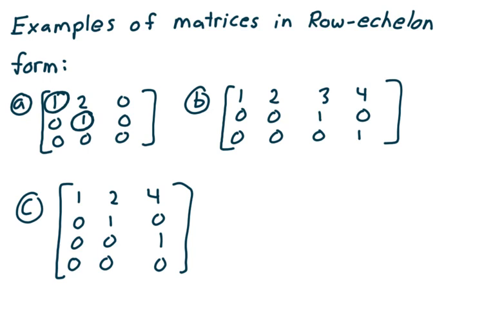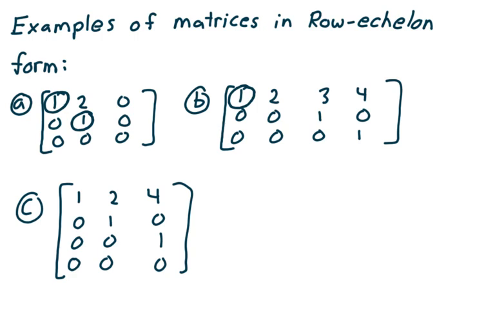If we take a look at part B, this matrix is 3 by 4. That's the size of the matrix. The first row is 1, 2, 3, 4. The second row is 0, 0, 1, 0. And the third row is 0, 0, 0, 1. The first entry in the first row is a 1, my leading one.